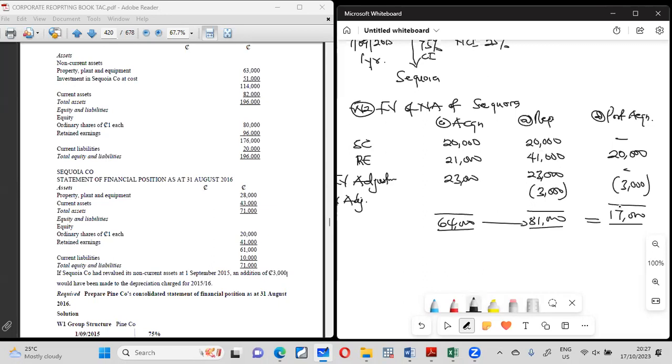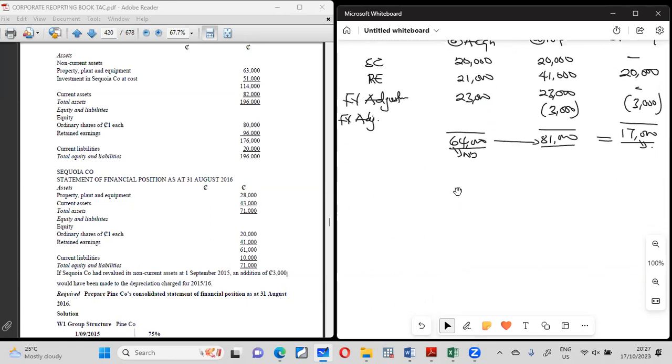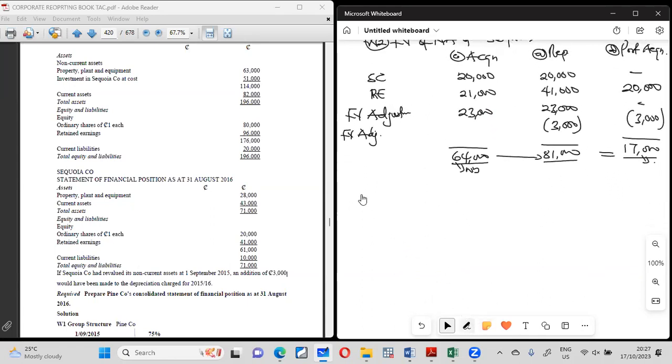All right. We are done with our workings 2. Don't forget, we will need this figure for our workings 3, and we will have to be splitting this one too. Then we come to our workings 3. Now, when we finish the goodwill computation, we zoom into doing our balance sheet fast.